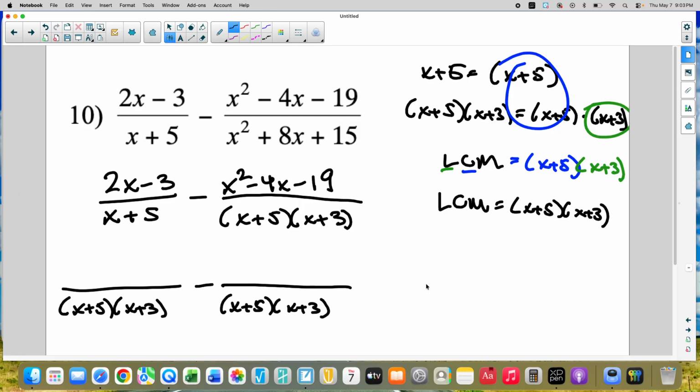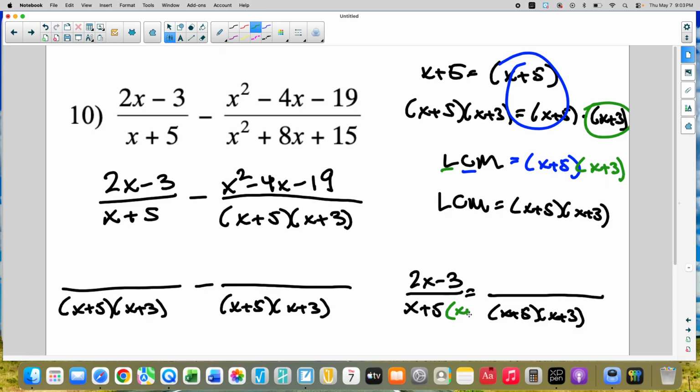Okay, so we have to do 2x minus 3 over x plus 5 equals what over x plus 5, x plus 3? So what is this missing to become this? It's missing an x plus 3. And this is a place where a lot of students made mistakes. You got to FOIL. You got to double distribute.